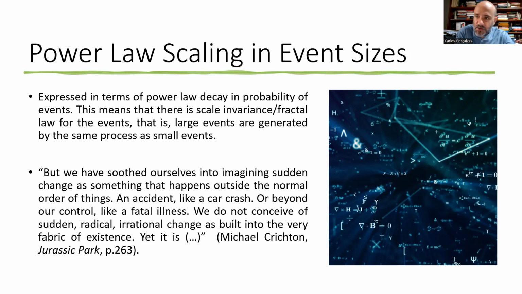And this is a major issue because we think of catastrophes, of large events, as the exception to the normal functioning of the system. But what self-organized criticality indicates here is that in complex systems, the large events, the large catastrophes, are part of the same process that leads to the smaller fluctuations. Even if you amplify the smaller fluctuations, you obtain a more or less similar dynamics in terms of turbulence markers, in the case of turbulent series with fractal scaling in event sizes.